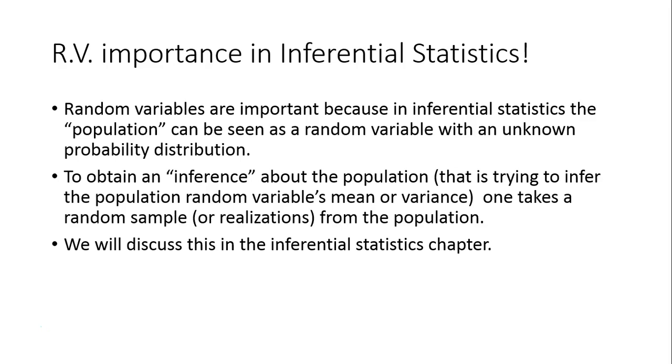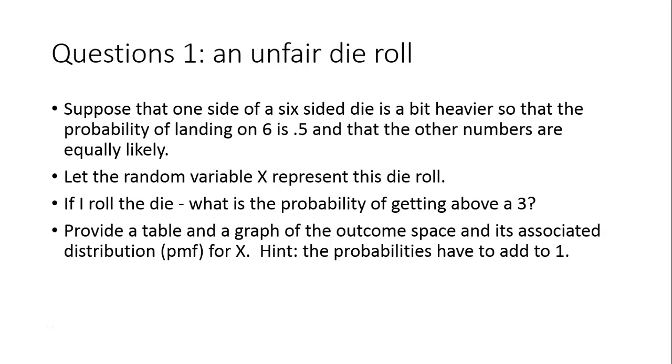We will discuss this in the inferential statistics chapter. So the important thing to remember is the population can be treated like a random variable. It's used for inferential statistics.